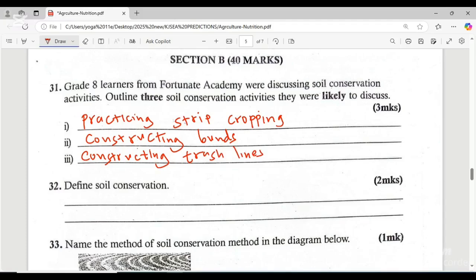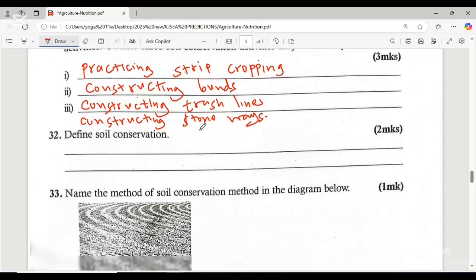Also constructing stone lines is another way. So those are the activities which help in soil conservation.